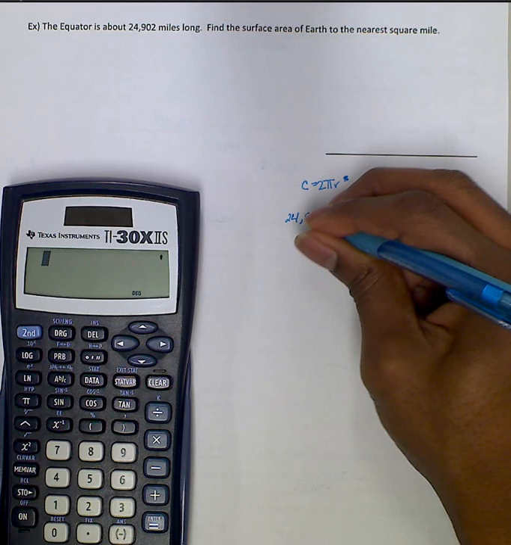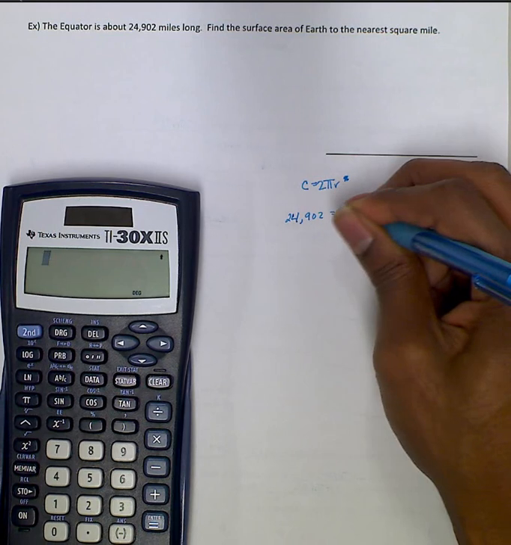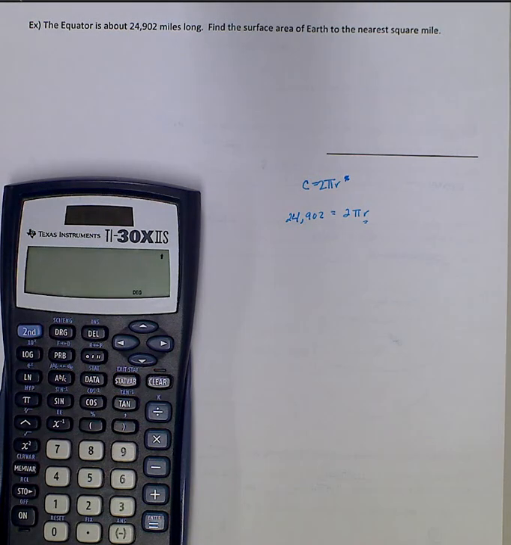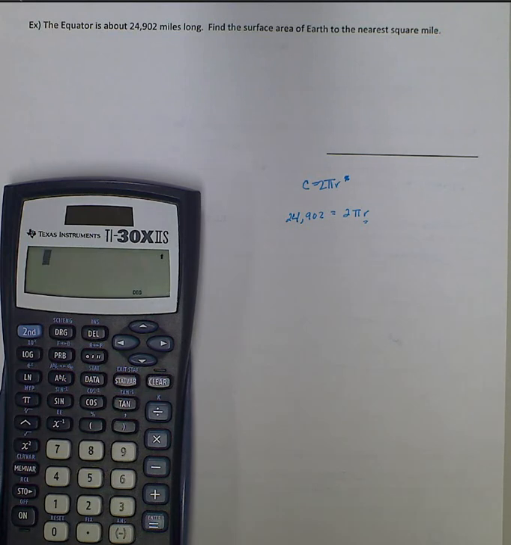24,902 equals 2 pi r. Now I'm going to use this equation to find the radius. Remembering that the equator would be the great circle for the Earth, if I find the radius of the equator, then I'll have the radius of the sphere, and that's what I need in order to find the surface area. So I'm going to solve this.